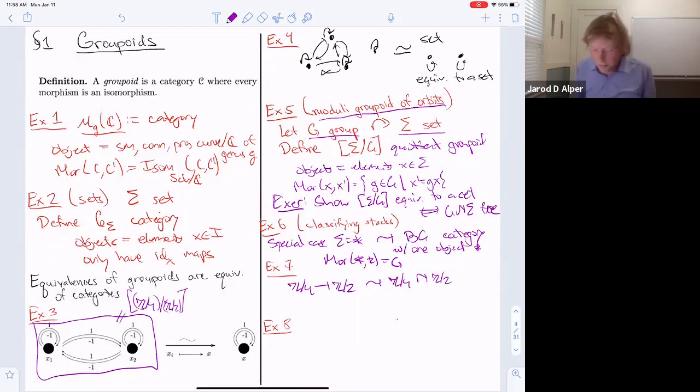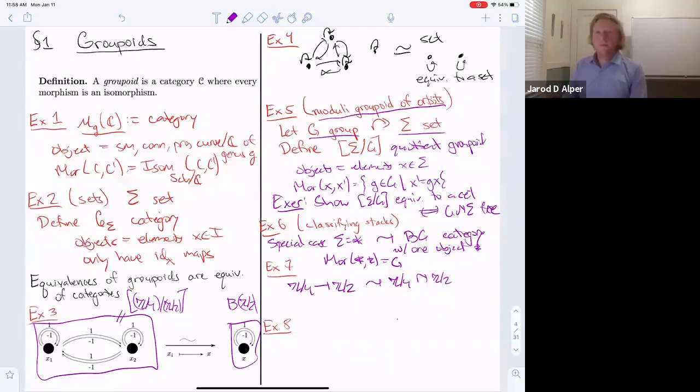On the other hand, this would be equal to B of Z mod 2, the classifying stack of Z mod 2. Or more generally, you could try to show that if you have any surjection of groups, then the induced action gives a quotient groupoid that is the classifying groupoid of the kernel.